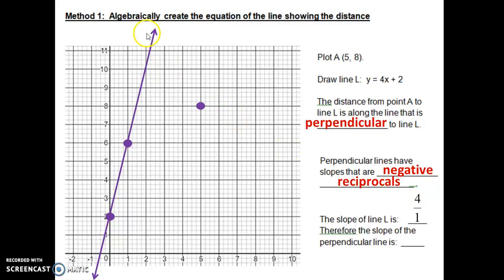So the slope of this line was 4 over 1, right? Up 4 over 1. That's the slope. The slope of the line perpendicular to that is negative 1 over 4. So this slope is the negative reciprocal of this. Reciprocal means flip the fraction. So we flipped it, and then negative means we make it the opposite sign, in this case negative. So there's the slope of the perpendicular line.